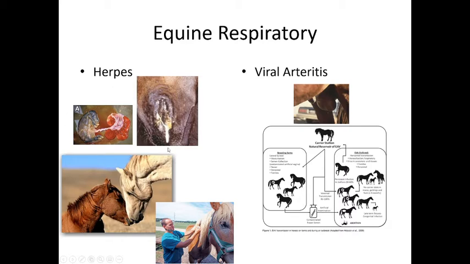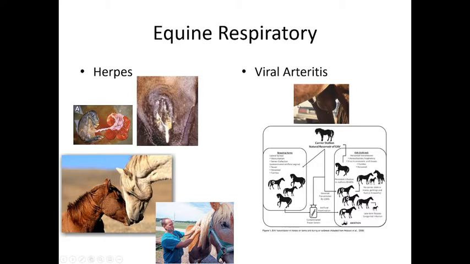So it's a respiratory disease that causes abortion, passed by nose-to-nose contact. We do have a vaccine against it. This is showing a veterinarian vaccinating a horse. I will point out that he has the cap of the needle in his mouth, which is a big no-no, because we don't want to uncap or recap the needle with your mouth.